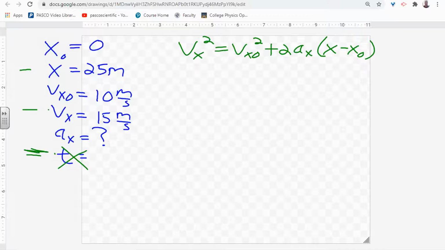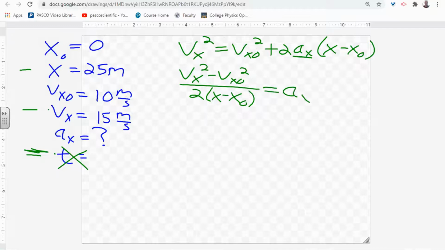If this is a free response question, you need to work through the steps to solve for the variable you're looking for first before you plug any numbers in. So I'm solving for a. I'm going to subtract v naught squared, and then divide by 2, and then divide by x minus x naught, and that is equal to my acceleration.